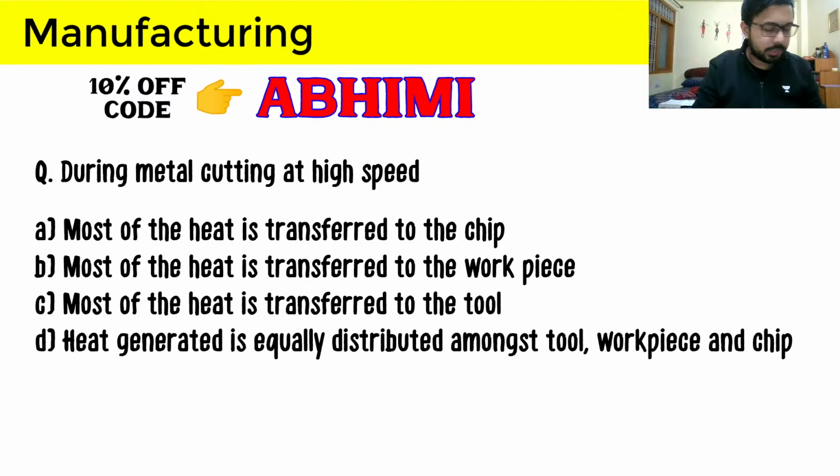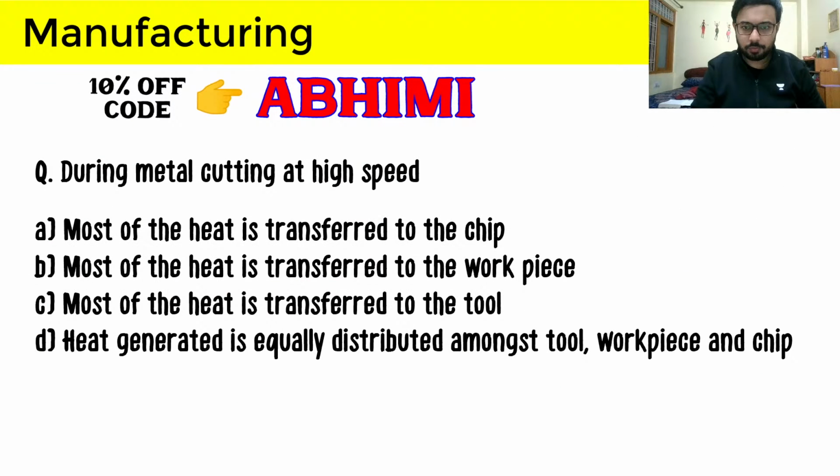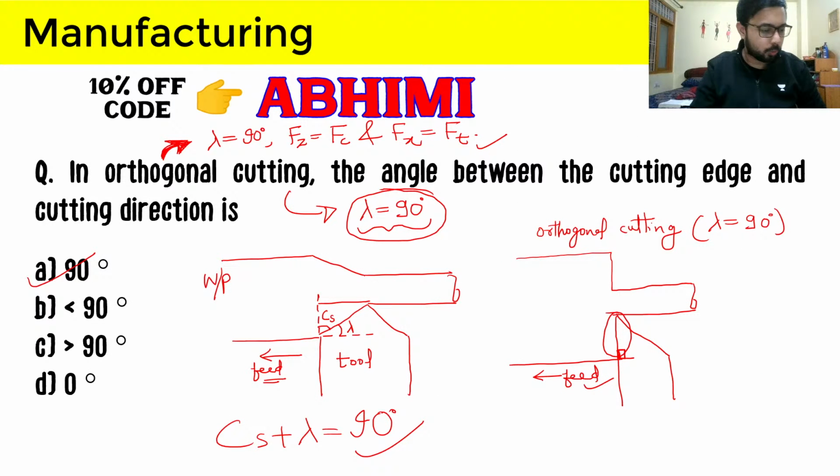And after that we will discuss this particular question from sheet metal operations, where a shear is being made in the blade or in the punching tool. We will do these three questions, and then we will see if we have time to do more questions or not.